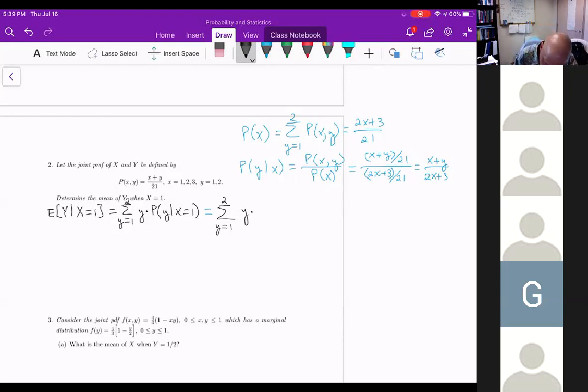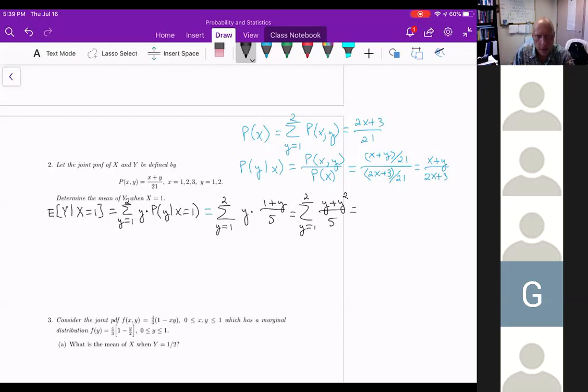So that means we have 1 plus y in the numerator, and we have 2 times 1, which is 2, plus 3, which is 5 in the denominator. And so we're going to sum up y plus y squared over 5 as y goes from 1 to 2.